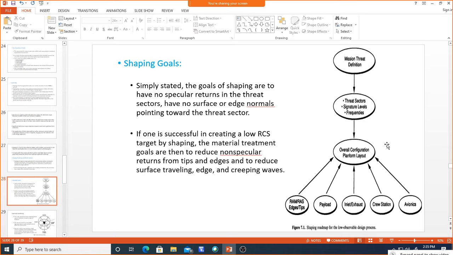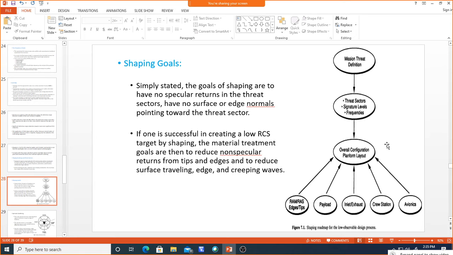So that's why a surface or edge which is normal to the incident wave should not be there in the threat sector. Or if that surface is there in that threat sector, we can identify it as a threat sector and we have to modify that particular region and reduce the backscattering.